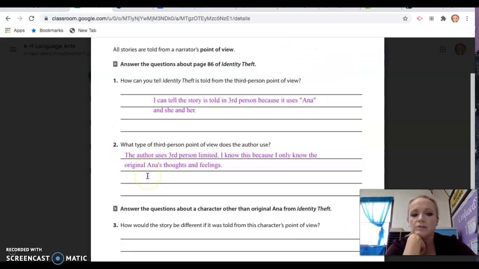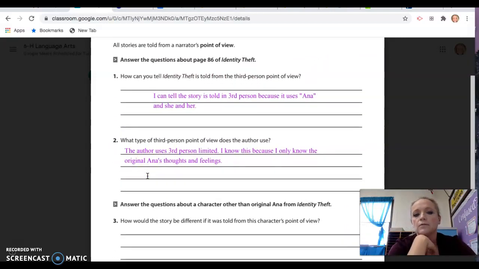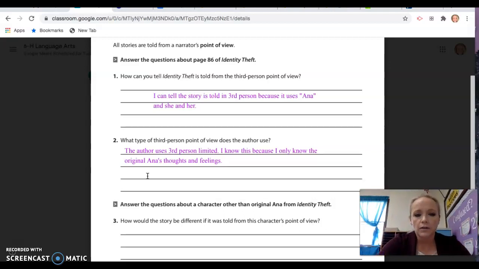And then number 2 says, what type of third person point of view does the author use? And we've talked about omniscient, where somebody is all knowing and they can look inside their crystal ball and know what everybody's thinking and feeling, all their innermost thoughts. Or you can have third person limited, and that's where you only know the inside thoughts and feelings of one character.